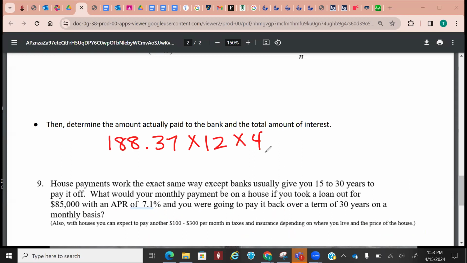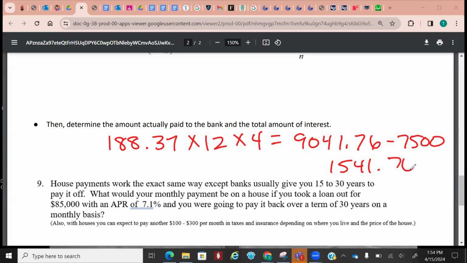So 188.37 times 12 times 4. That's $9,041.76. And we started off by borrowing just 7,500. So we have 1,541.76 in interest. And this is the total amount you'll pay at the end of all of that.